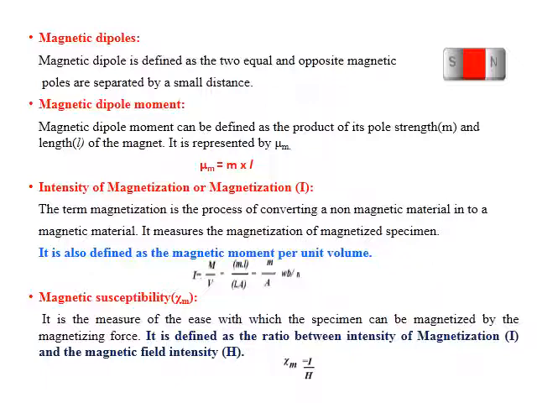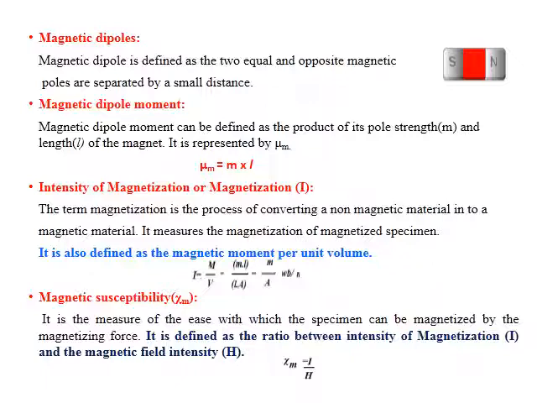Such monopoles are not possible in the case of magnetic materials. Even if you break a magnet into smaller and smaller pieces, each piece will have two poles, which are termed north and south pole. So two equal and opposite poles separated by a small distance are called magnetic dipoles.